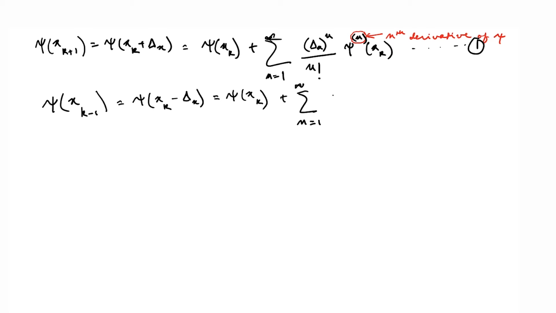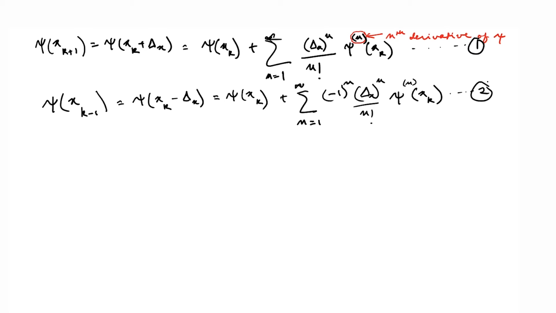The additional term is minus 1 to the power n, and the rest is again the same, delta x to the power n by n factorial, psi n at x k. This is my equation 2.